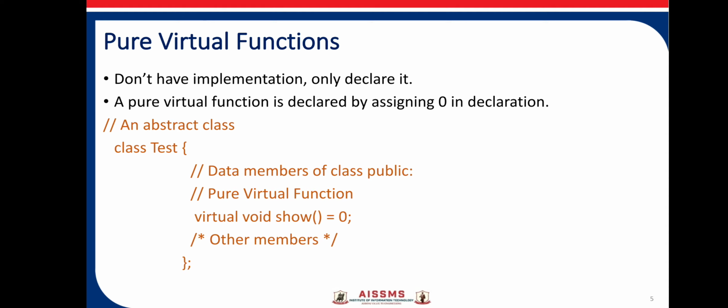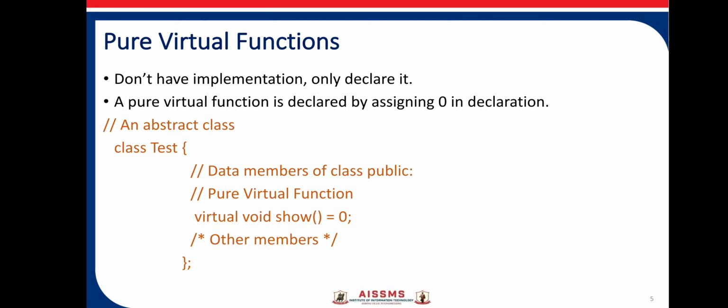So, how to use a pure virtual function, that we are going to discuss now. A pure virtual function is not implemented, only declared. A pure virtual function is declared by assigning a 0 in the declaration.